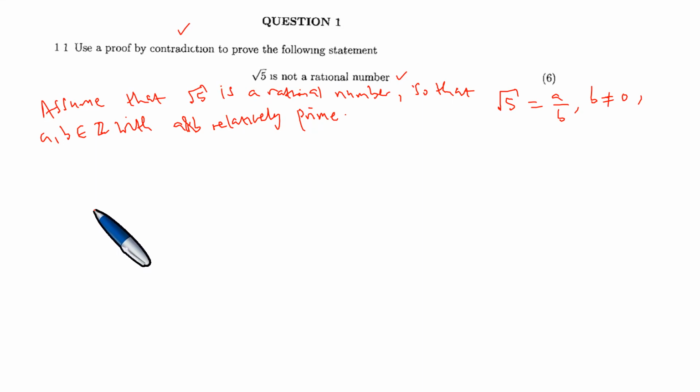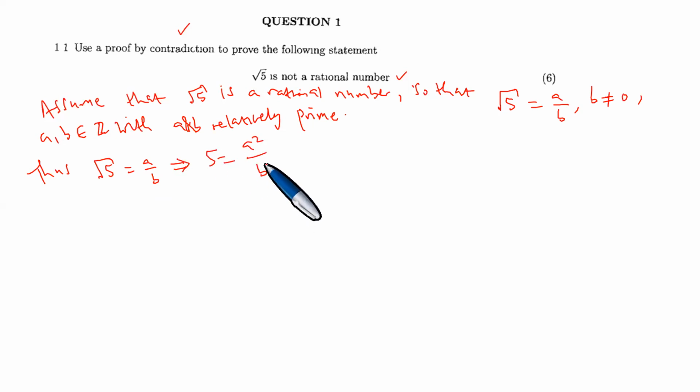Okay. Thus, the square root of 5 equals a over b, and then we can square both sides, which means 5 is a squared over b squared. I'm going to be very brief here. And then this means 5b squared is equal to a squared.